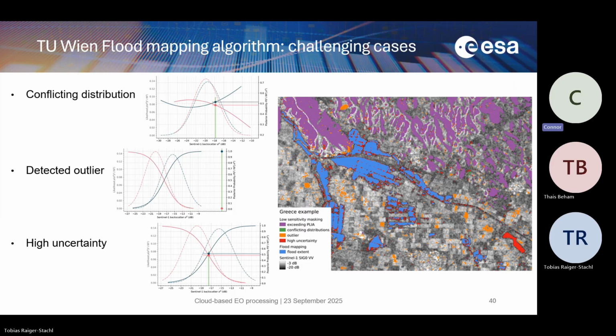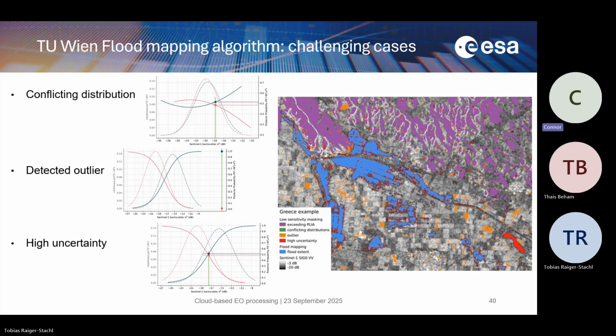There are also other points that we touch on later that are inherently tied to the Bayesian method. When we have conflicting distributions, as I told you before, like areas that are permanently low backscatter, it becomes really difficult for us to understand whether these areas flooded or not.